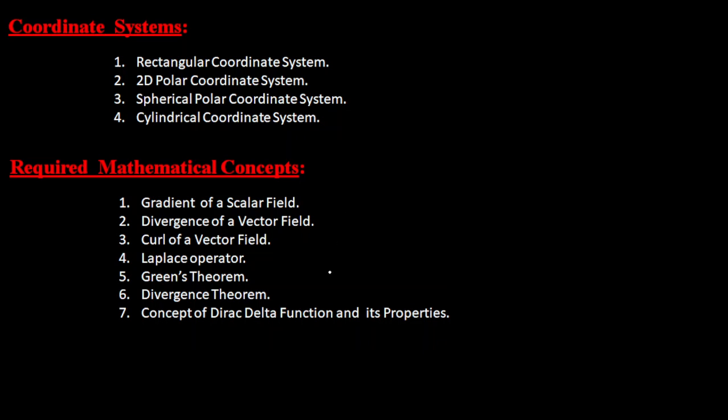Then we will see the concept of Green's theorem and the divergence theorem, and we will also discuss how, using the Dirac delta function, we can represent a point charge as a continuous charge, and a continuous charge can be represented as a discrete point charge by a summation of Dirac delta functions. So this concept will actually help us to understand the electromagnetic theory.